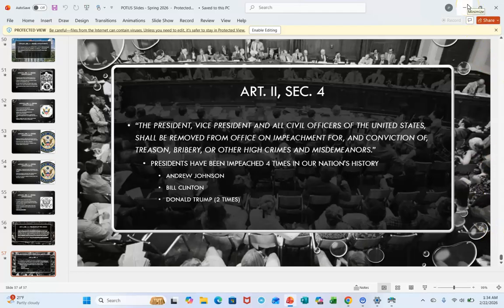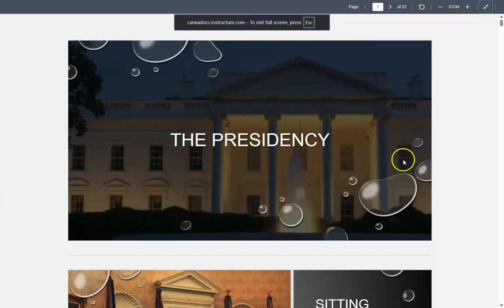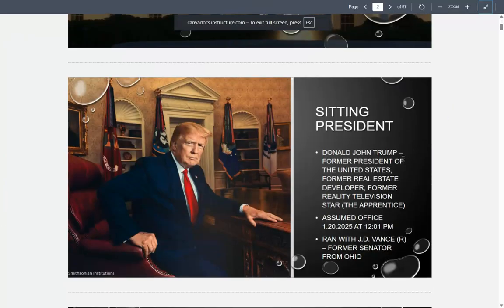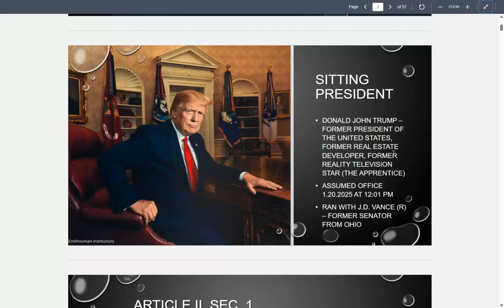I'm walking you through the Constitution. I'm explaining exactly what each part of the president's job description is in accordance with the Constitution. As I told you at the beginning, I try to teach you how to think and present material in an unbiased fashion.